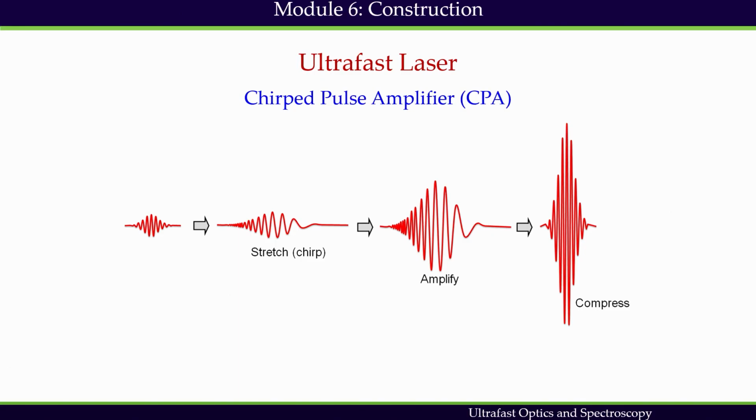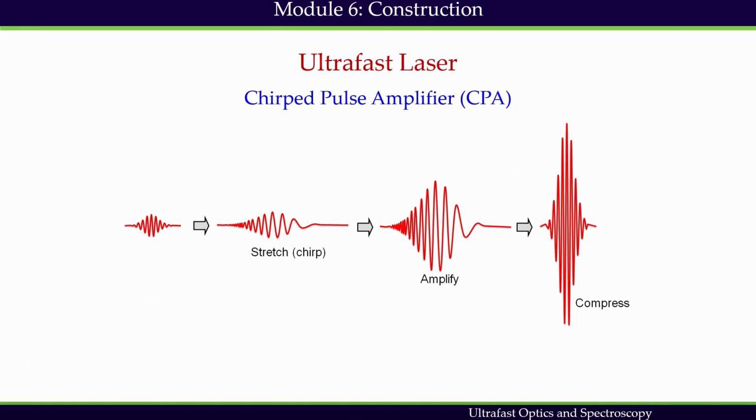Nonlinear self-focusing, on the other hand, causes bulk damage when high intensity ultrafast pulse propagates through the optical elements. Therefore, amplification of output beam of the ultrafast laser oscillator is not a straightforward task.